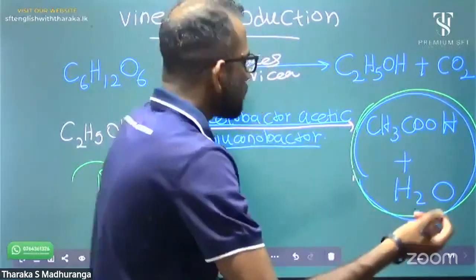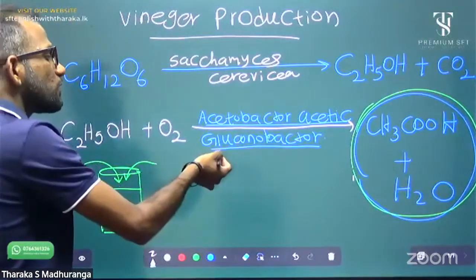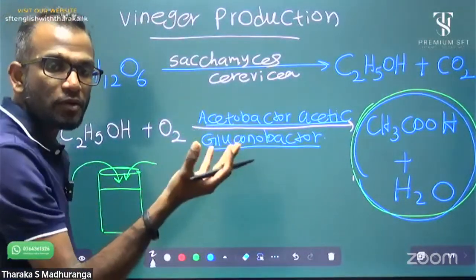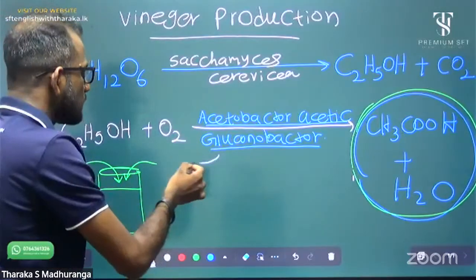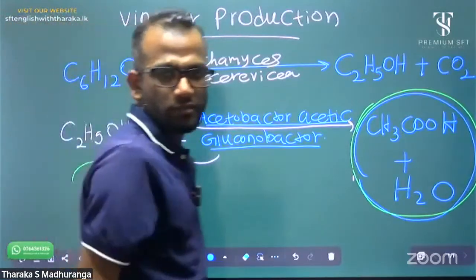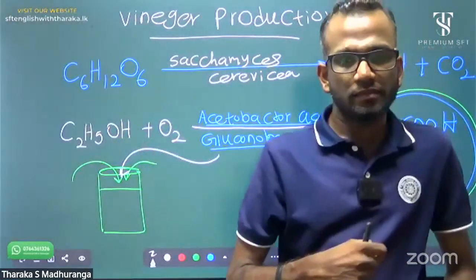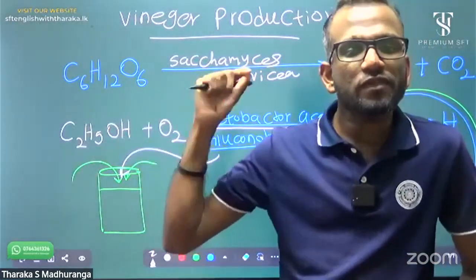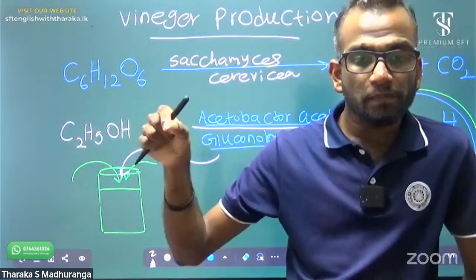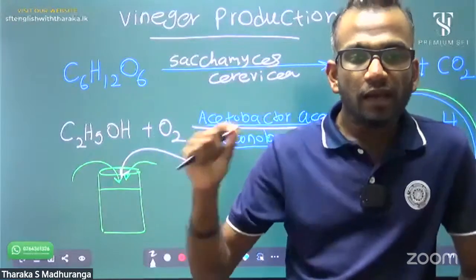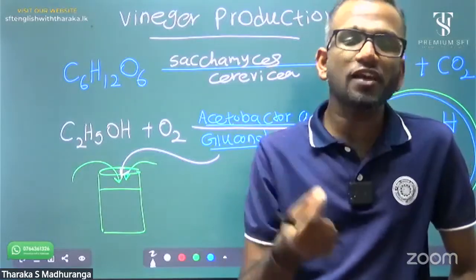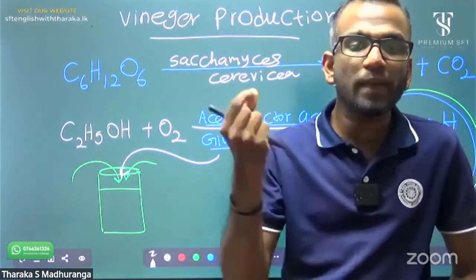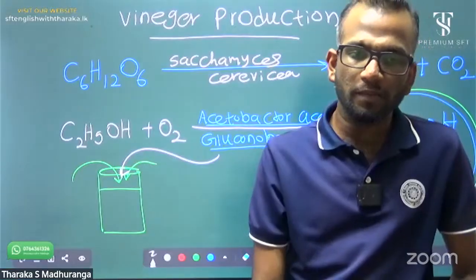You can get a small spoon of already prepared vinegar and introduce it, just 1 milliliter is enough. Add only 1 milliliter of already prepared vinegar. Then it contains enough number of Gluconobacter and Acetobacter aceti bacteria.